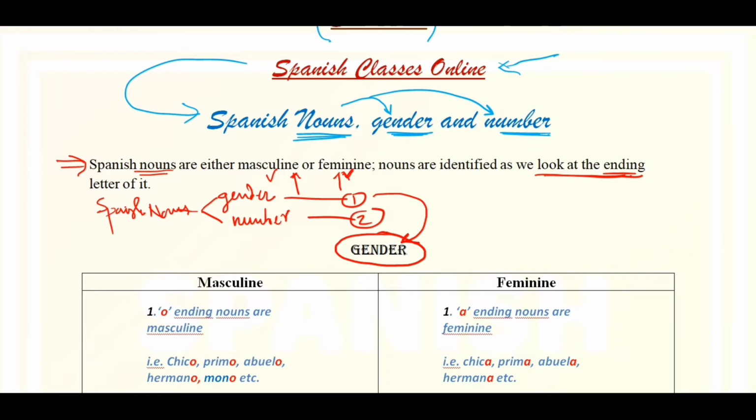We have to look at masculine. This is the first part. Second is feminine. How these two points are different, we will study here.